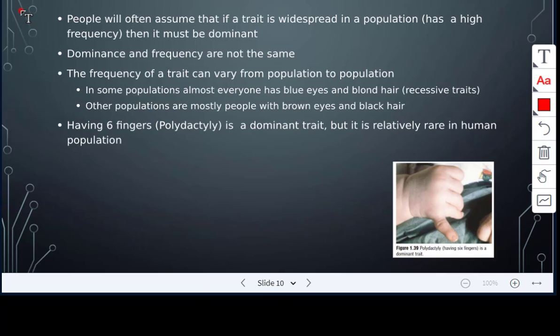Okay, so people often assume that if a trait is widespread in a population, like if there's a high frequency of it, then it must be dominant. But dominance and frequency are not the same thing. The frequency of a trait can vary from population to population.